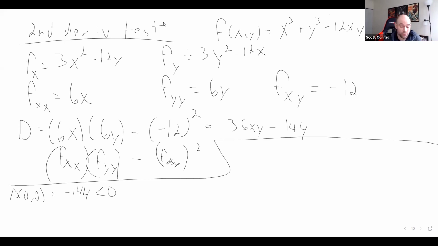So the discriminant at (0, 0) is negative. So we have a saddle point at (0, 0).